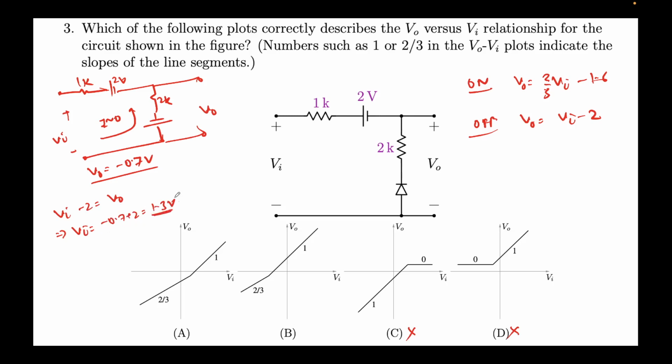So at Vin equal to plus 1.3 volts, or alternatively at Vout equal to minus 0.7 volts, the diode should start to conduct. So when Vin is positive, this voltage is 1.3, and Vout should be negative, something like minus 0.7. So you can see option A matches based on the turn on condition. So that will be our option.